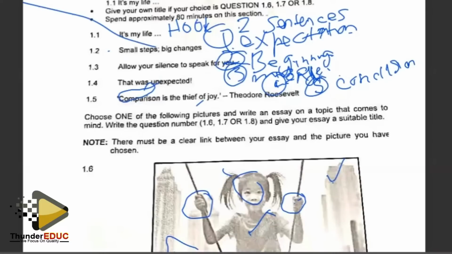Make sure that you use figurative language, all right? So it's not just that the person got here and sat down. No, he got here and he floated onto the seat. All right, use your emotive language. All right, that drilled into my fears. That's emotive language.